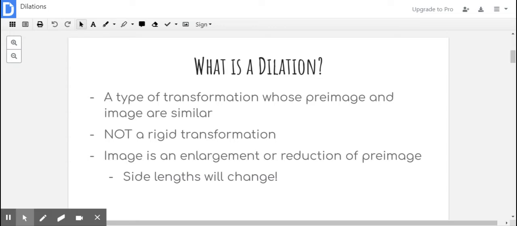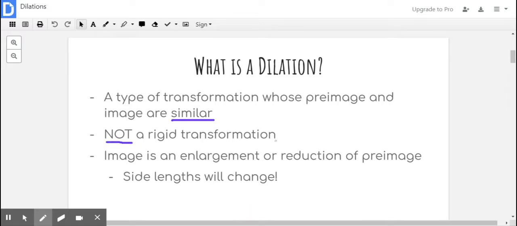The important definition to note here is what a dilation is. It is a type of transformation whose pre-image and image are similar. The idea of something being similar is very important, and it is something we'll talk more about in future videos. This would not be a rigid transformation.